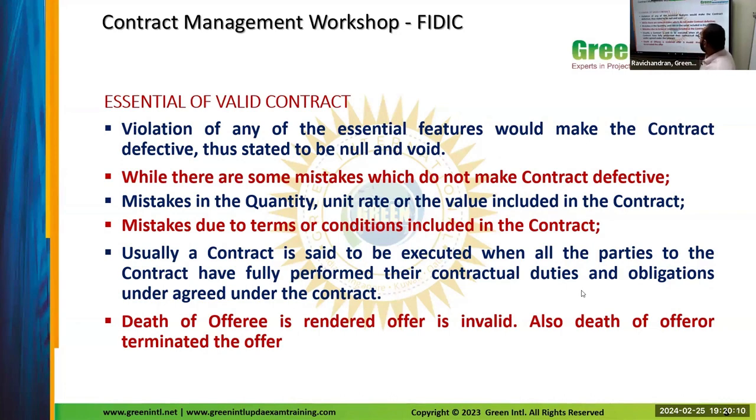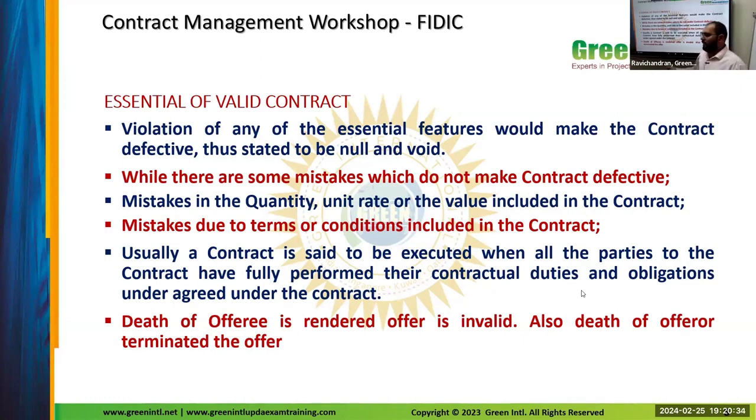Usually a contract is said to be executed when all the parties to the contract have fully performed their contractual duties and obligations agreed under the contract. So a contract is normally said to be fully executed or closed when there is a list of obligations from either party, and those obligations are fulfilled.